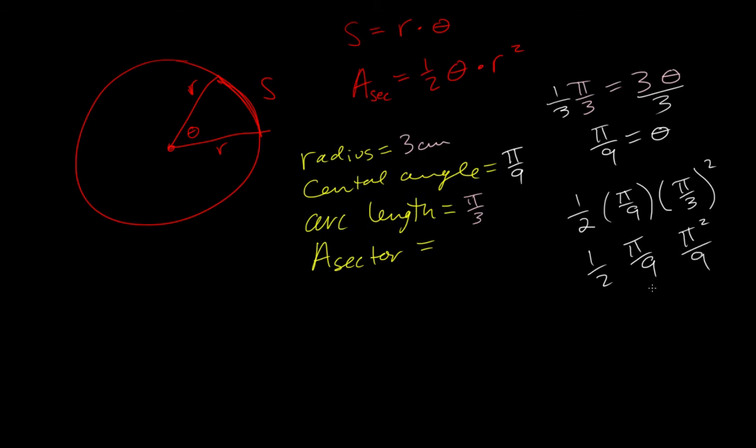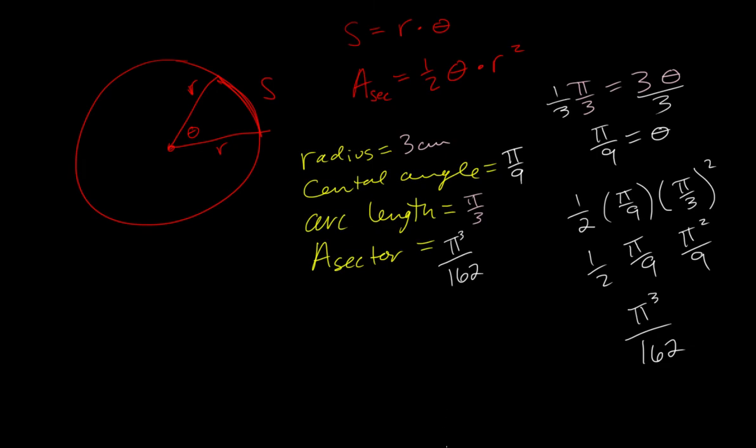And so if I multiply the tops together, I get pi cubed over, let's see, 9 times 9 is 81, so 162. So I could leave this as pi cubed over 162. That's a little crazy though.